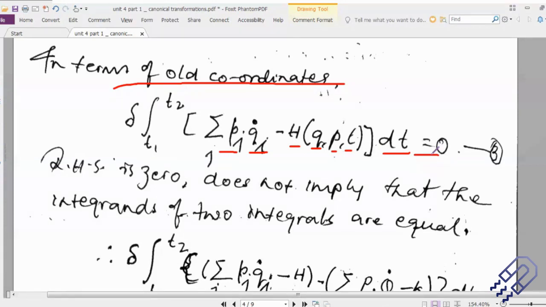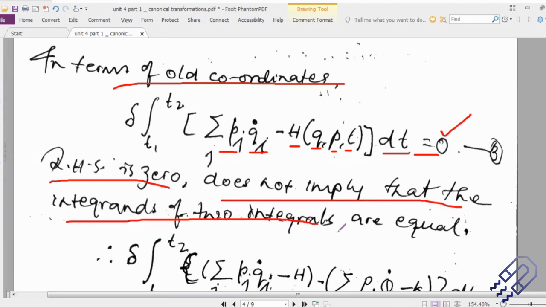And I think this is also very obvious that if this right hand side is 0, it definitely does not imply that the integrands of the two integrals are equal. If you take this part and this part, it doesn't mean that if you integrate this and integrate this, they will be equal so that when you subtract one from the other, it will become 0. That's not true mathematically, right? So we understand that fact.